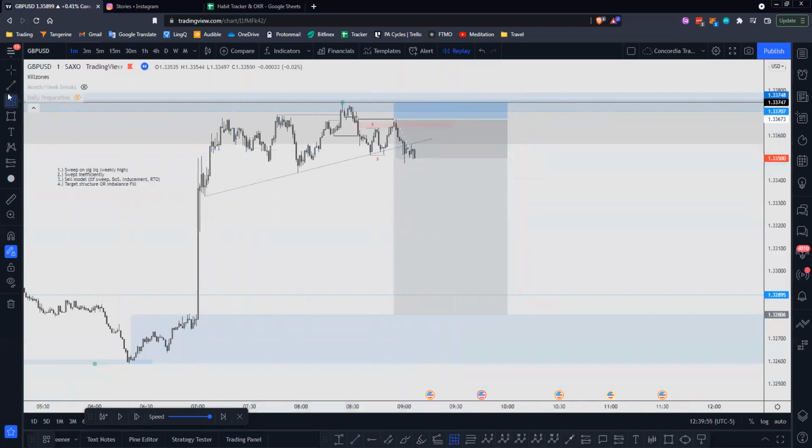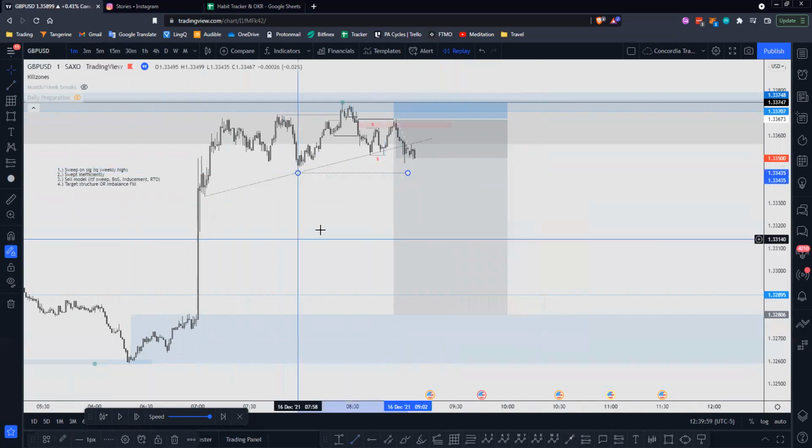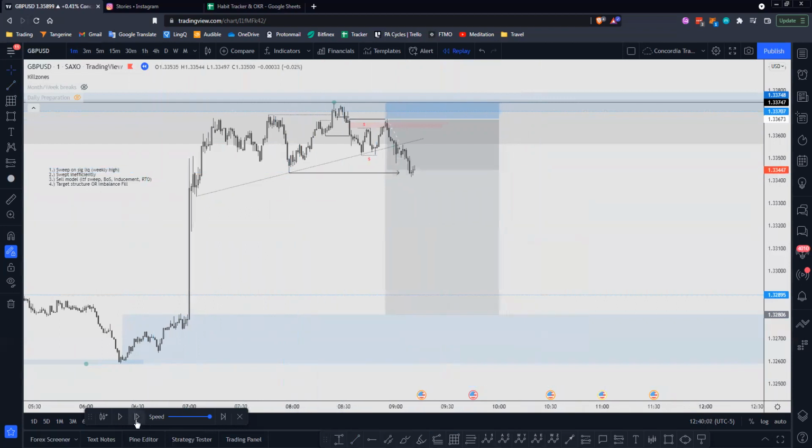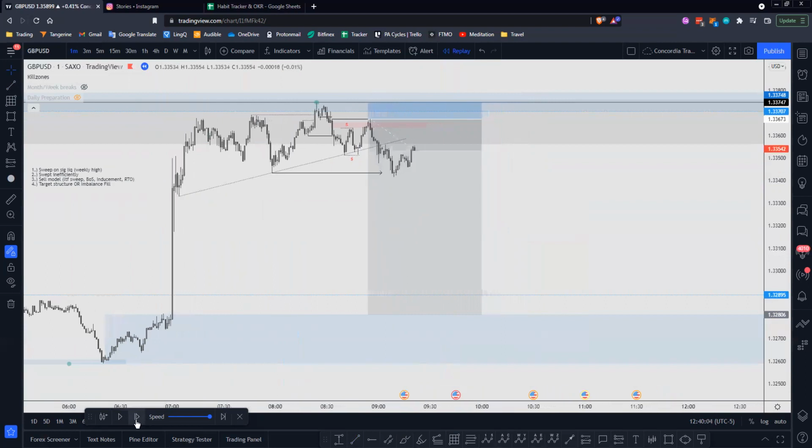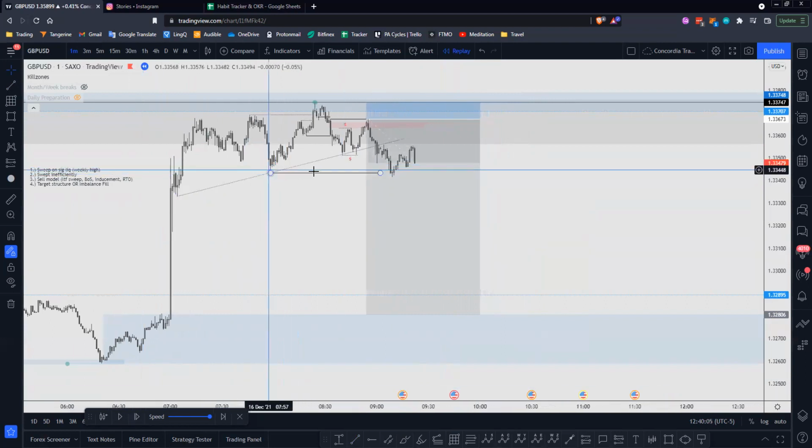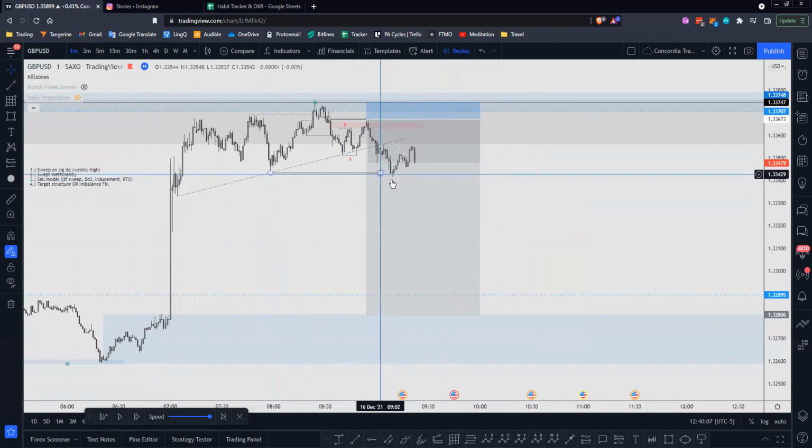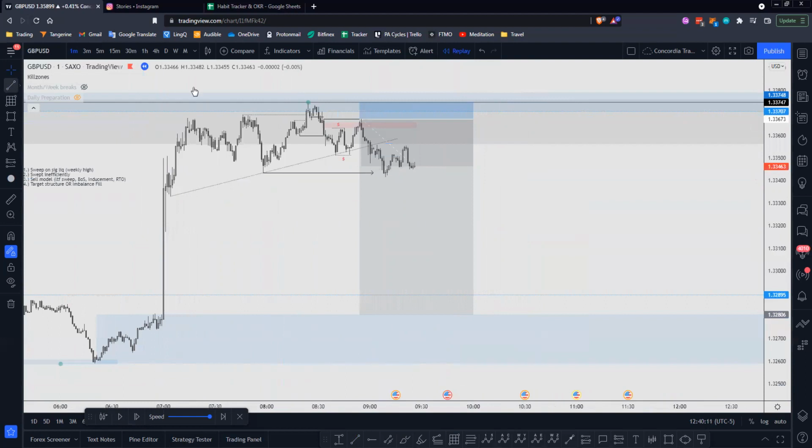Again, this is the higher time frame structural level. So as soon as this gets taken out, then you can be really confident that it's going to go. Boom. So right there, it gets taken out. You can see significant structural level gets taken out. Look at the reaction, right? Immediately it corrects. Immediately. Now on a micro level, we swept, broke structure.